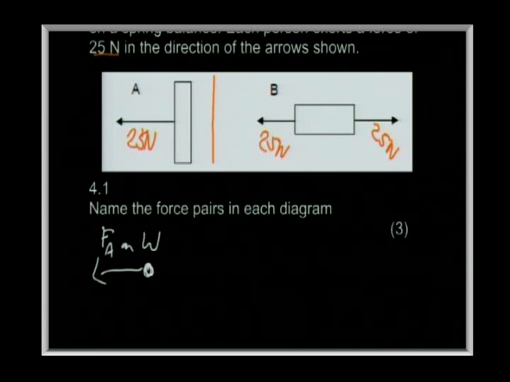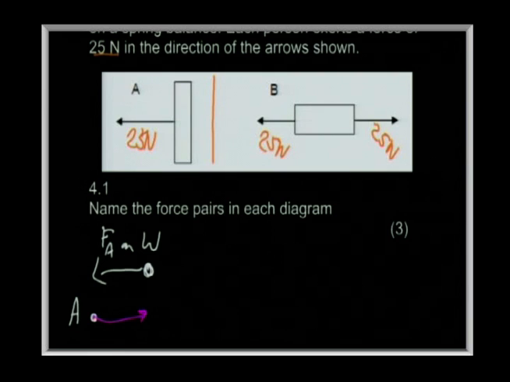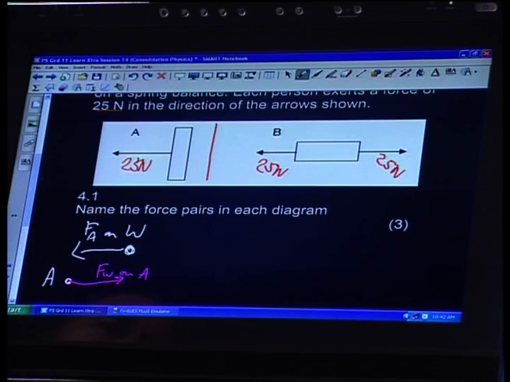There's no other force on the wall. But what we do recognize is if we've got the person A over here, then through the string, the wall is pulling on the person. And so we would recognize there's an opposite force. This is the force of the wall on A. Notice they're the same magnitude, but they're in opposite directions.